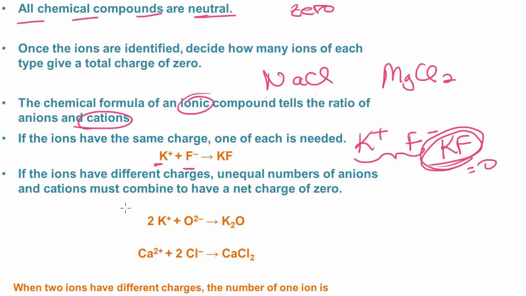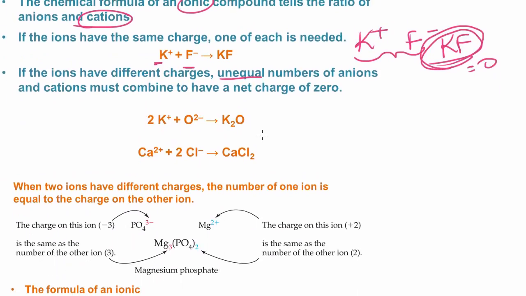Now, if the ions have different charges, then we're going to need an unequal number of anions and cations in order to combine so that we have a net charge of 0. In this case, we have potassium oxide. This is the formula for it. We have 2 potassium ions for each oxide ion.